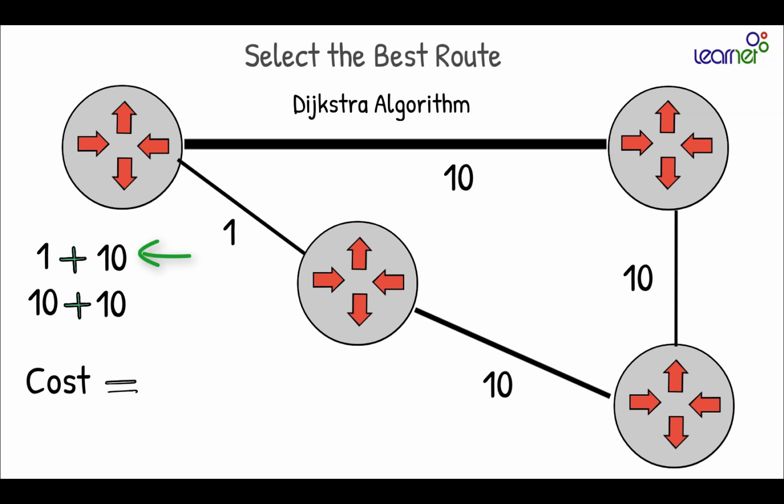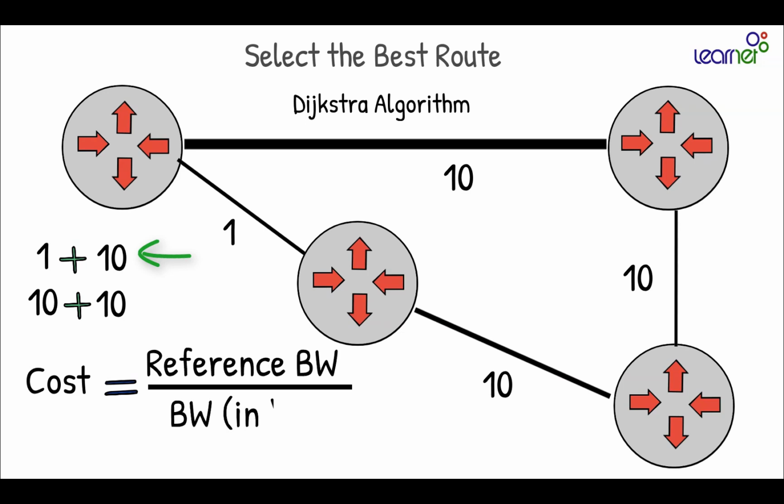This cost is calculated based on a formula, and that formula is reference bandwidth divided by the bandwidth of the interface. By default, that reference bandwidth is 100 million, which is 100 million bits, and basically it's been designed for 100 megabits per second interfaces. So if you have interfaces bigger than 100 megabits per second, I would recommend you make some changes.